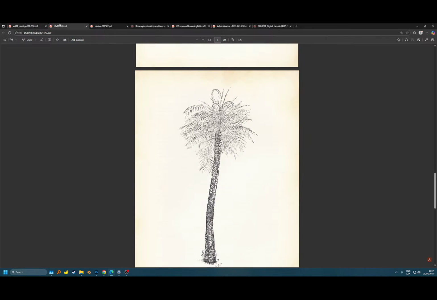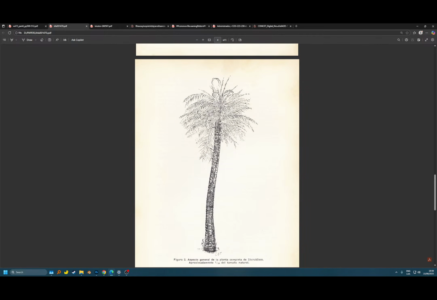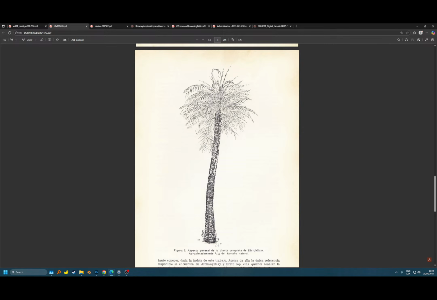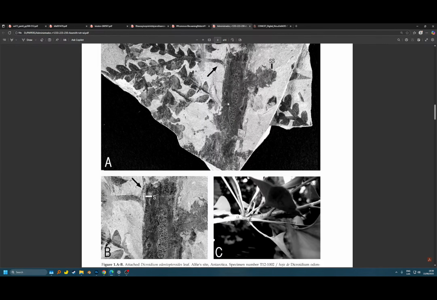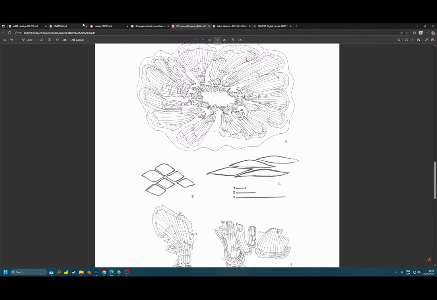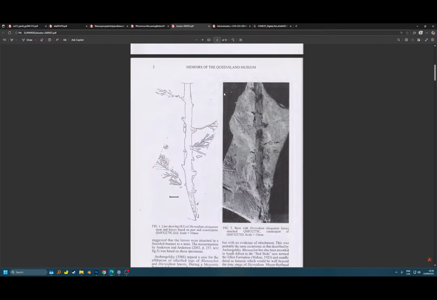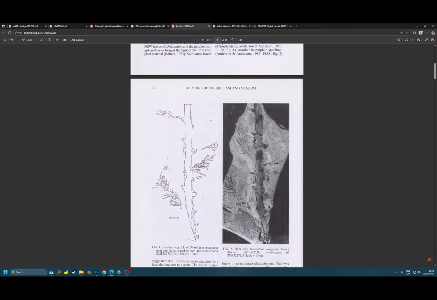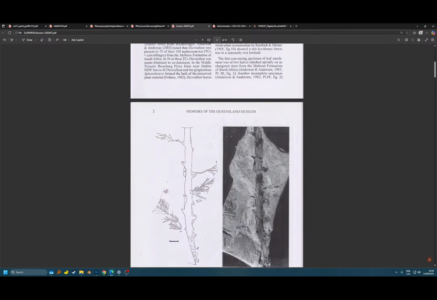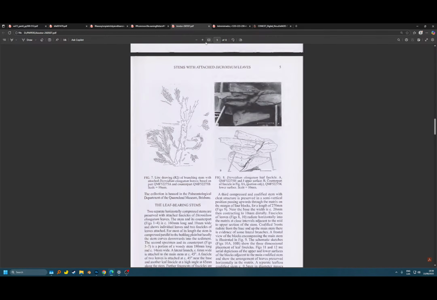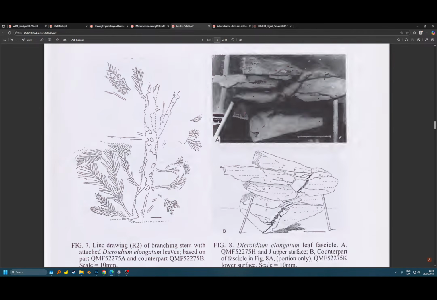Why do they look so different? You may ask, why is this reconstruction like this, and why do we have these things going on with the smaller leaves of other species of Dicroidium? Of course, if you wanted to do a reconstruction of this tree, you would certainly do a branched tree, right?